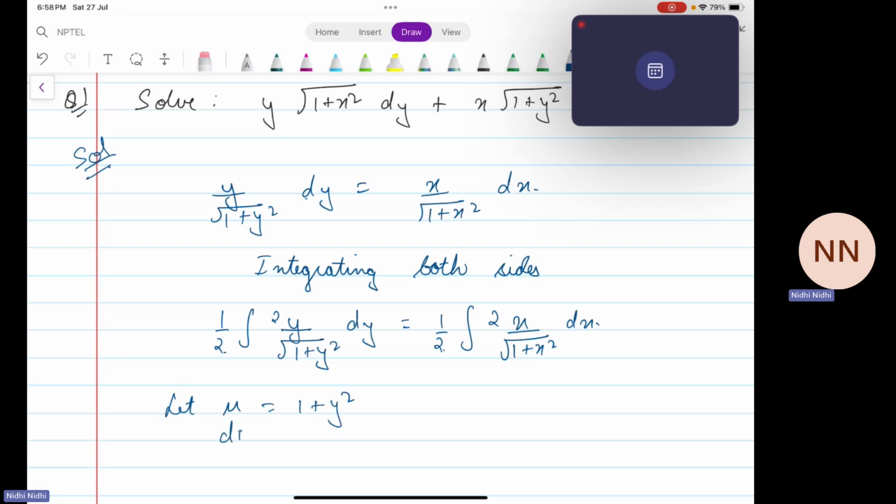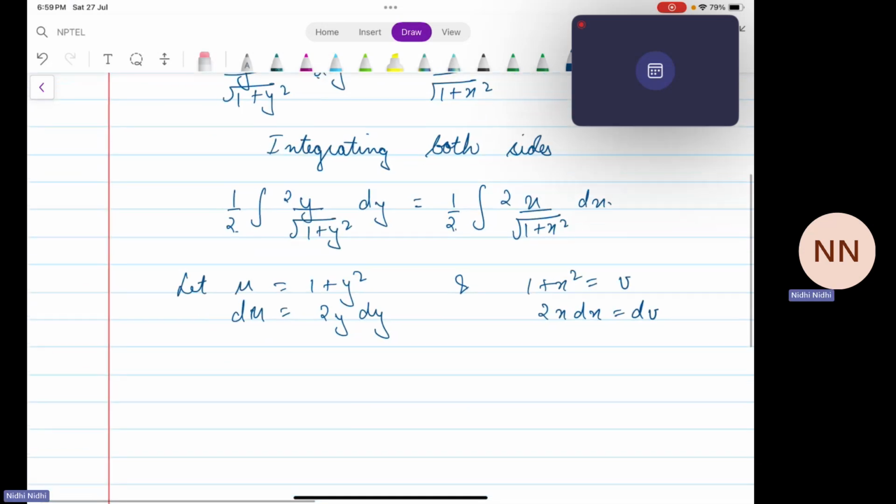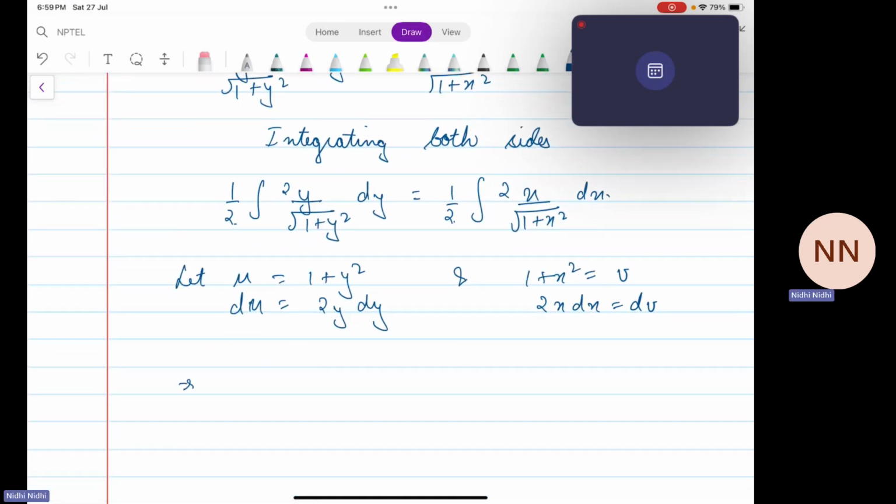This gives us du equals to 2y dy, and 1 plus x square is equal to some other variable v, which gives us 2x dx is equal to dv. So now our expression is 1 by 2 integral du upon under root u is equal to 1 by 2 integral dv upon under root v.